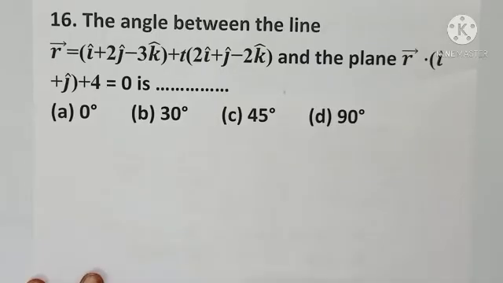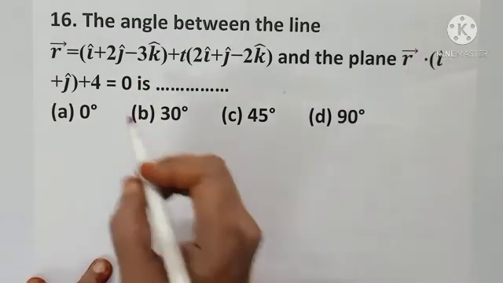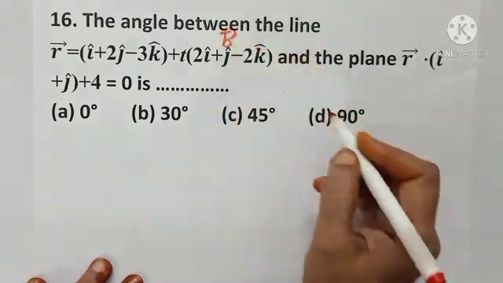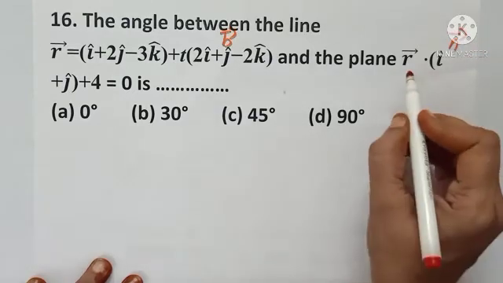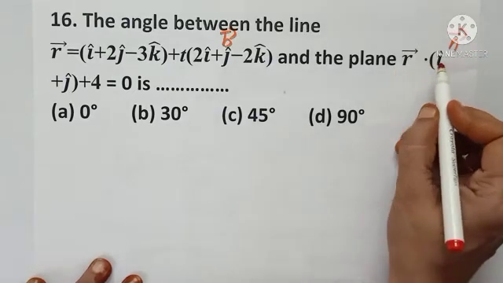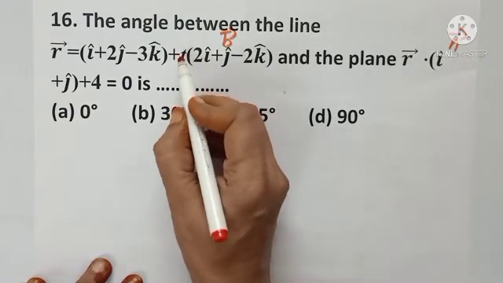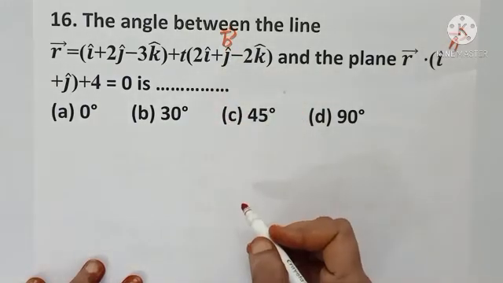Question number 16. Angle between the line and the plane. The line I call B vector here, and the plane I can call N vector.